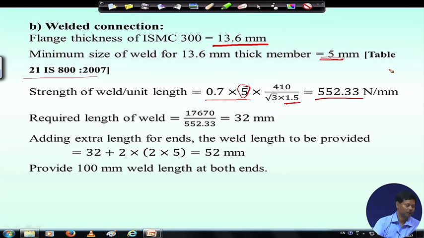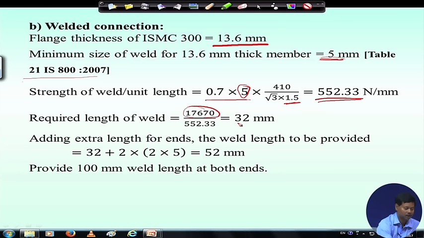So, strength of weld per unit length we can calculate from this, and required length also we can find out, because the total force, meaning axial force acting on the member, is 17,670 Newton, 17.67 kilonewton.